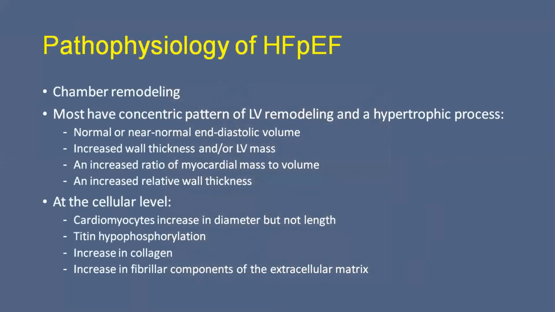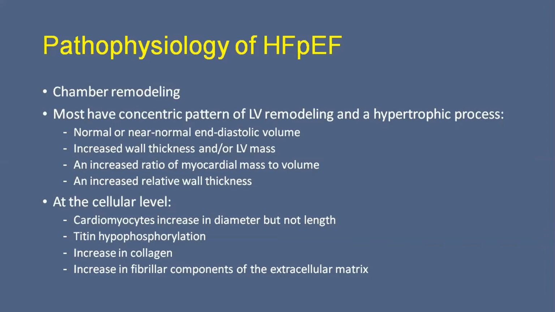The pathophysiology of heart failure with preserved ejection fraction: chamber remodeling, most have a concentric pattern of LV remodeling and a hypertrophic process. Normal or near normal end diastolic volume, increased wall thickness and or LV mass, an increased ratio of myocardial mass to volume, and an increased relative wall thickness. At the cellular level, what happens?